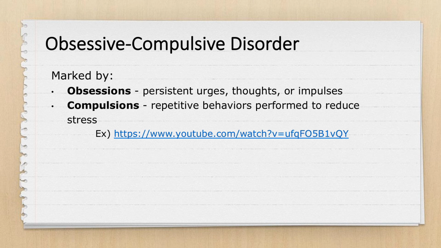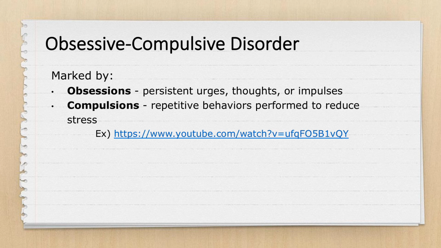Okay, now we'll talk about obsessive compulsive disorder, OCD. OCD is a condition that is marked by repeated and lengthy immersion in obsessions, compulsions, or both. Note that you don't need to have both to be classified as having OCD, although many do.